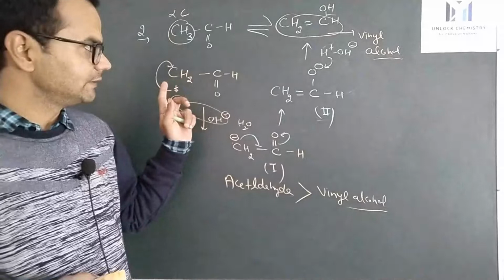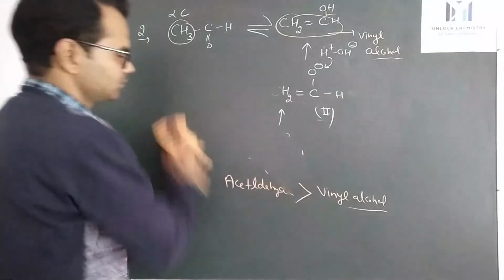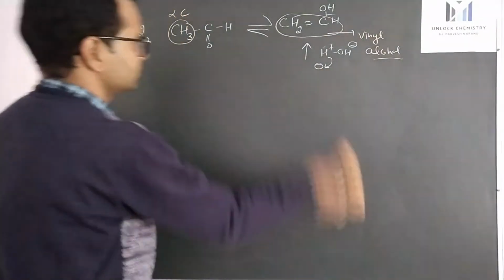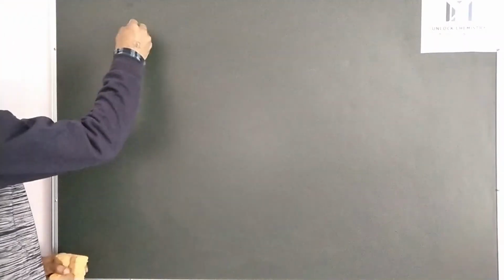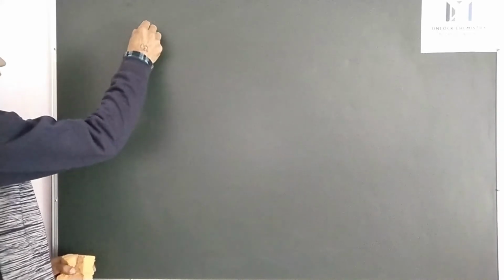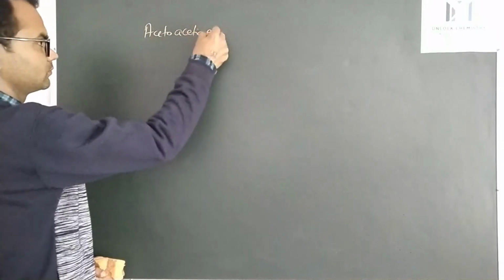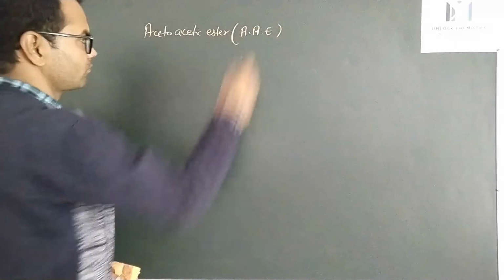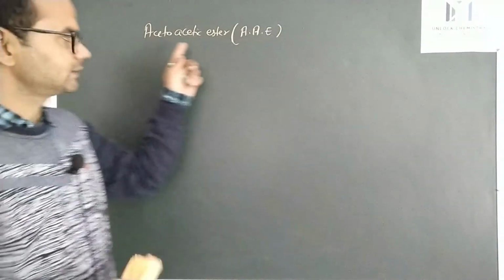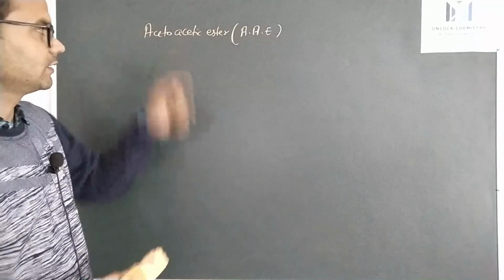First major example is acetoacetic ester, in short AAE. So what is the structure of acetoacetic ester?